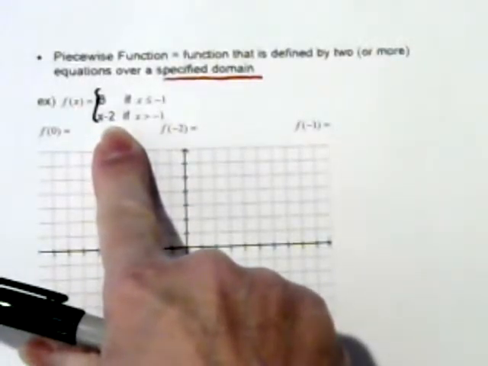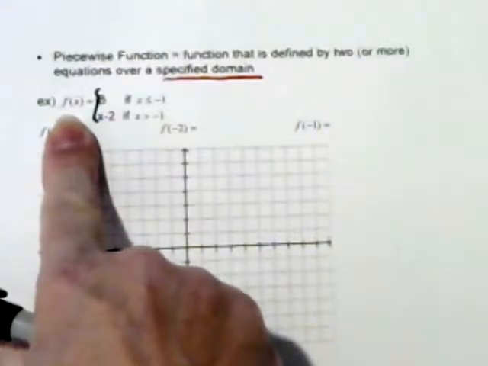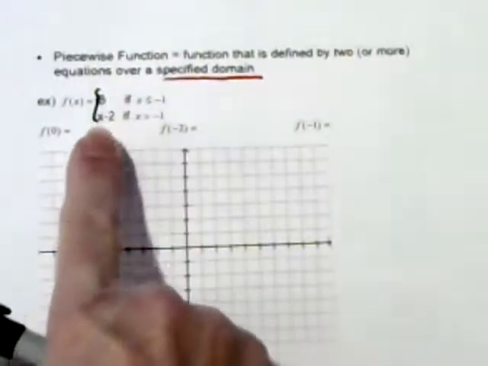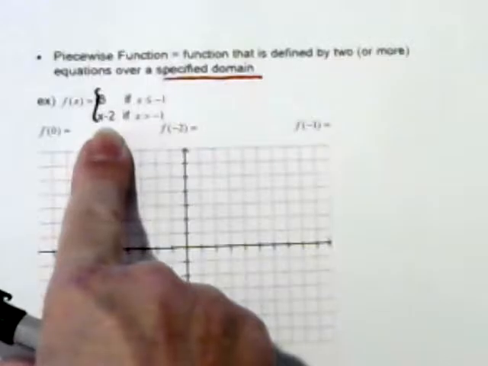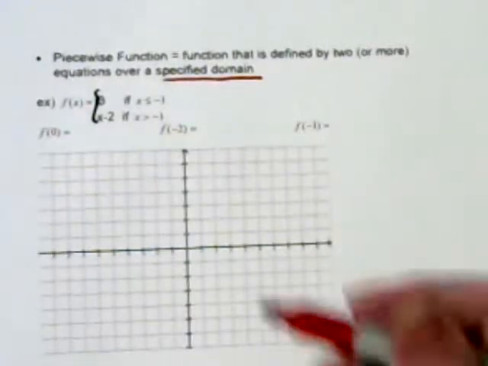This example here, I didn't get the curly brackets in, so if you would put those in right now. This says that our function f of x is equal to 3, or our function is x minus 2, two totally different behaviors. And the behavior all depends on where we are in the domain.